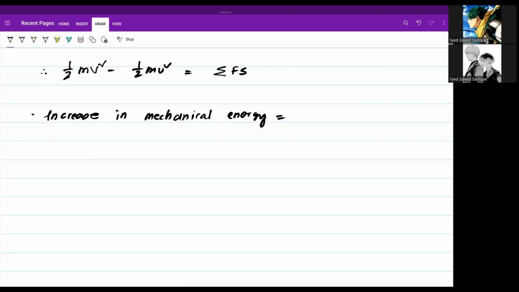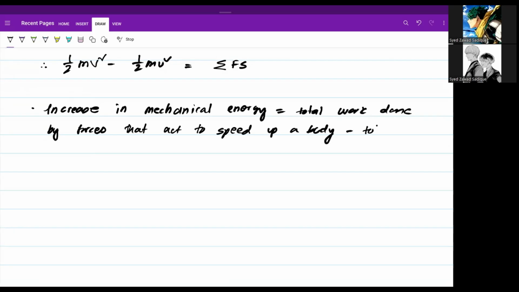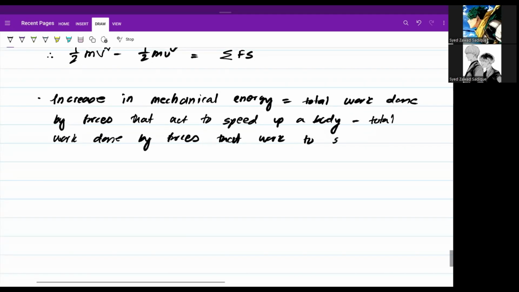So mechanical energy is basically the total work done by forces that act to speed up a body minus the total work done by forces that work to slow down a body.